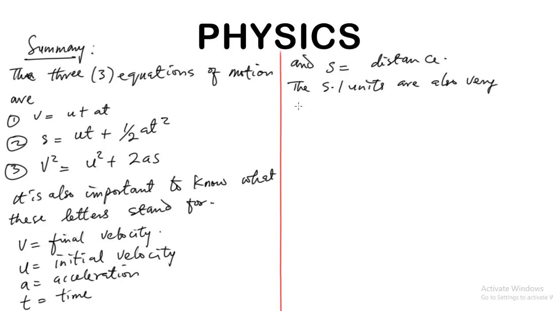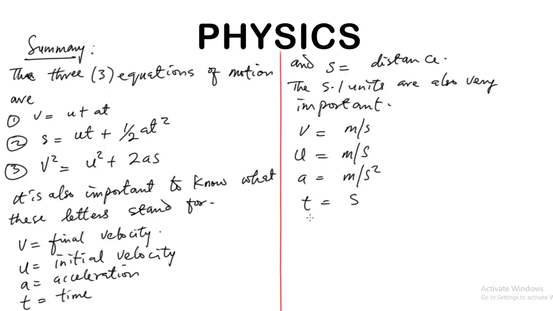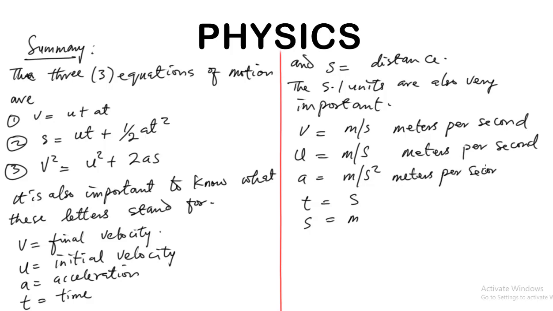The SI units are also very important. v, which is final velocity, is measured in meters per second, initial velocity in meters per second, acceleration in meters per second squared. Time is measured in seconds, and distance is measured in meters.